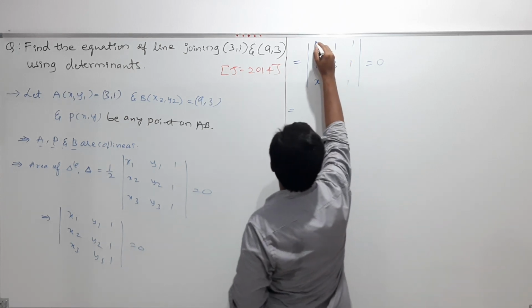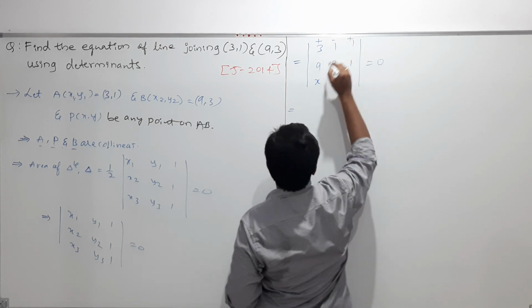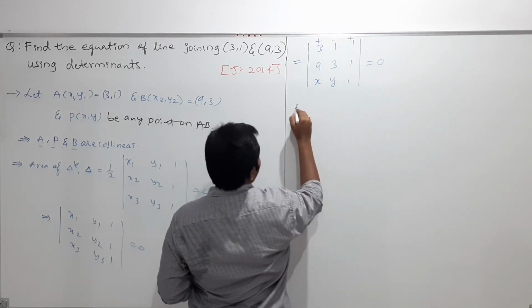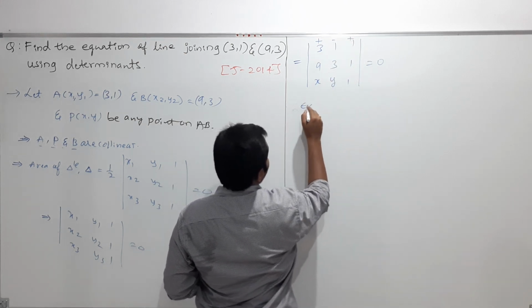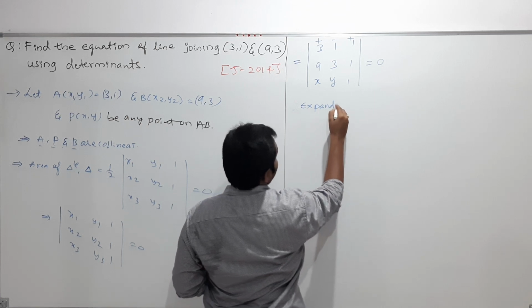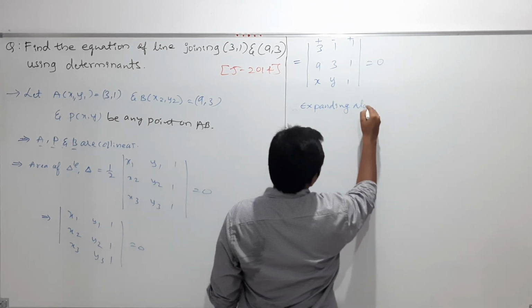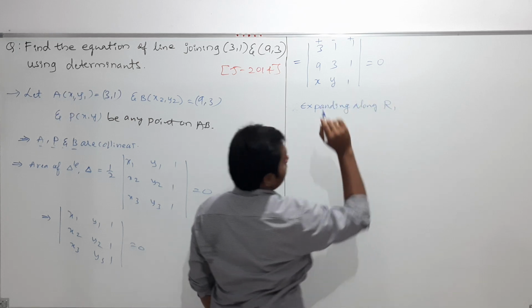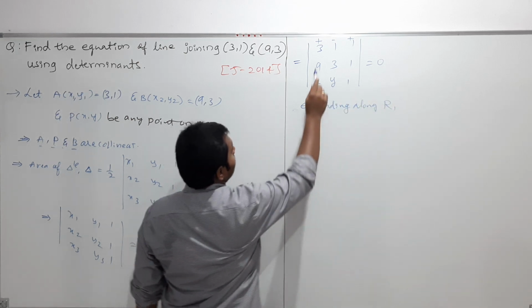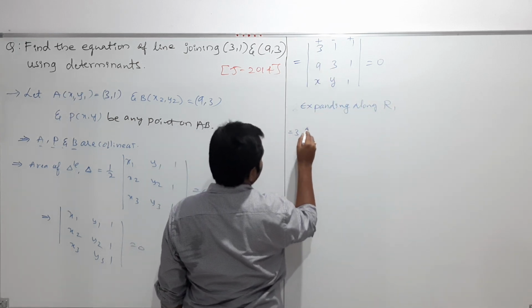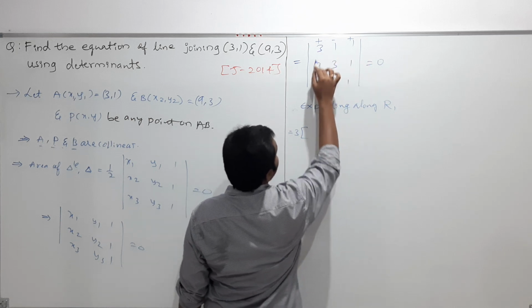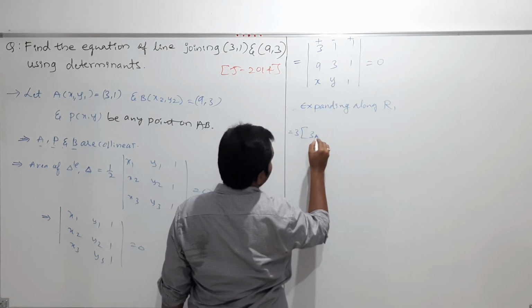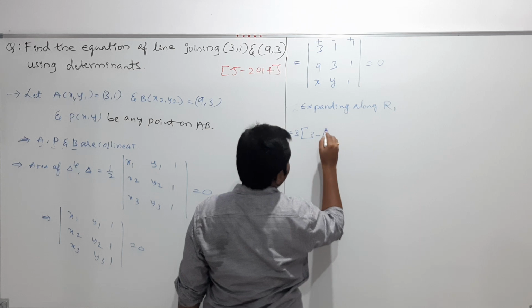So I change the signs: plus, minus, plus. Expanding along row 1, plus 3 into, leave this row and this column: 3 into 1 is 3, minus y into 1 is minus y.